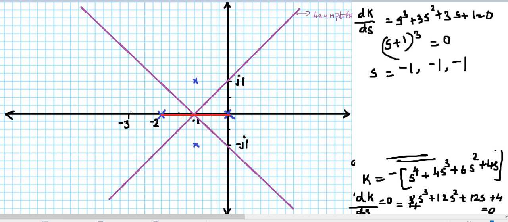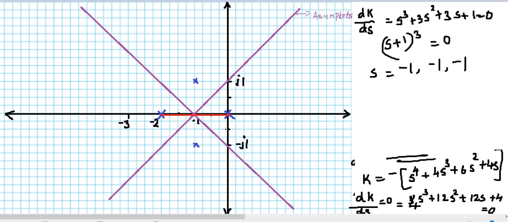To the right side of minus 3, the total number of open loop poles and zeros in the real axis is 2. That is an even number. Hence we can conclude that the point minus 3 is not included in the root locus. If you take any point from here, that is minus 4, minus 5, etc., it will not be included in the root locus. So the only part included in the root locus on the real axis is the line segment from 0 to minus 2.